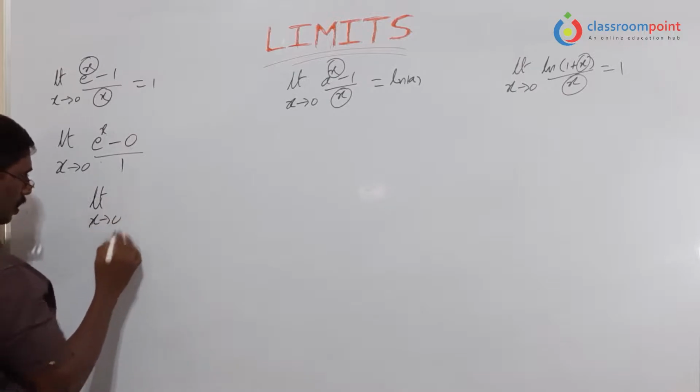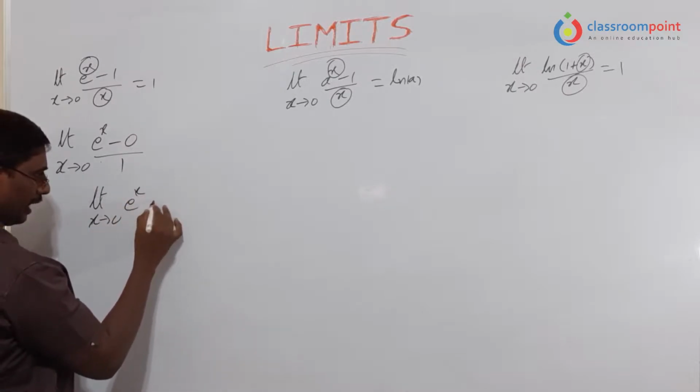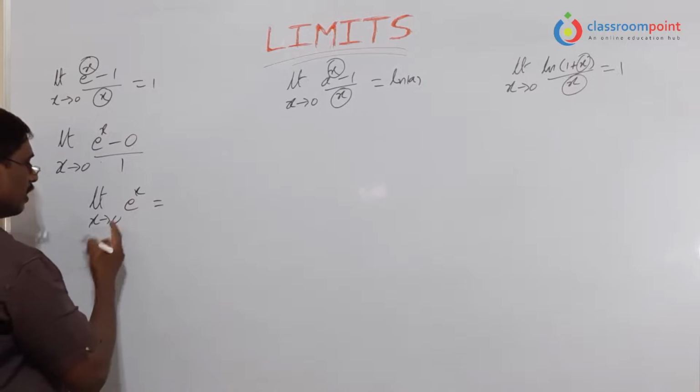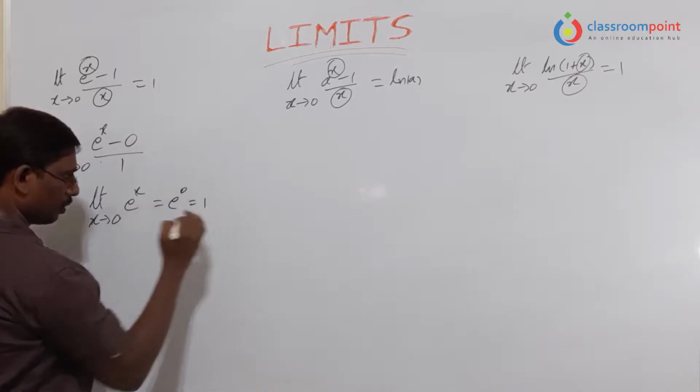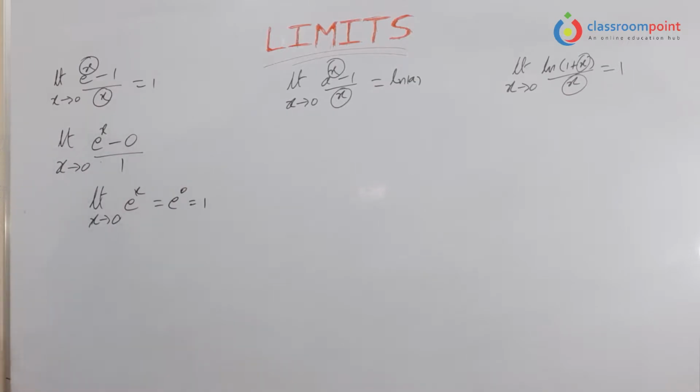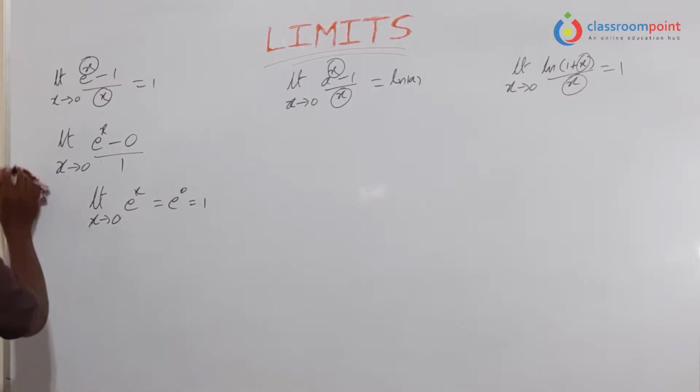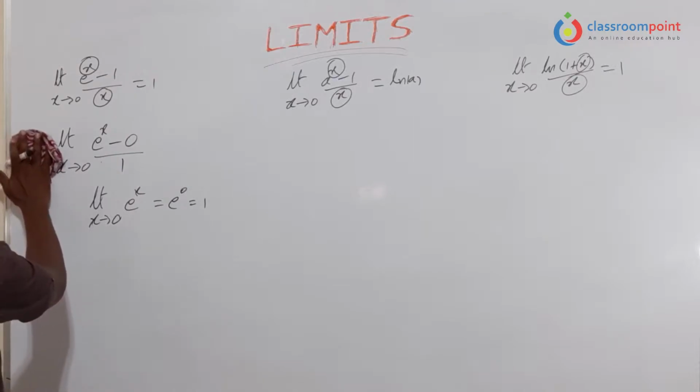Limit x tends to 0, e power x is remaining. In the place of x, apply 0, e power 0, then it is equal to 1. Right? This is one of the proofs of this standard limit, solved by using L'Hopital rule.